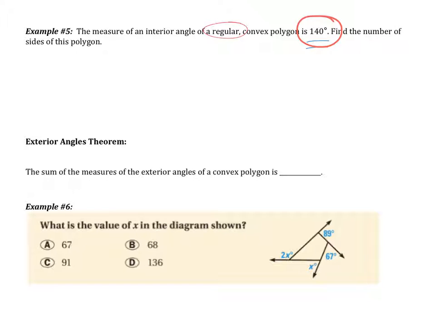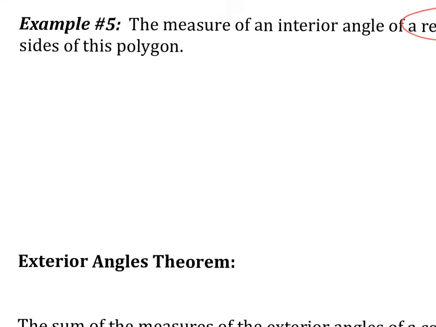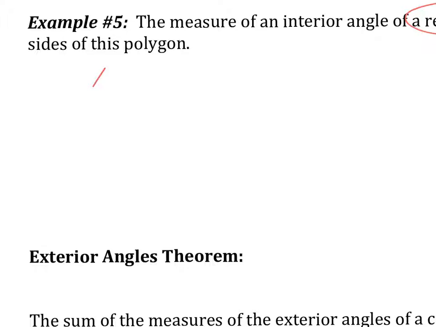Okay? So let's start with a couple of basic ones that you know. All right? So if I were to talk about an equilateral triangle, what is the measure of each angle in an equilateral triangle? 60. How did you get that so fast? The sum has to equal 180.